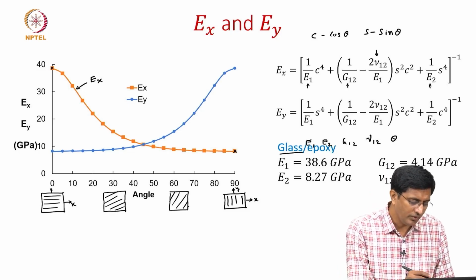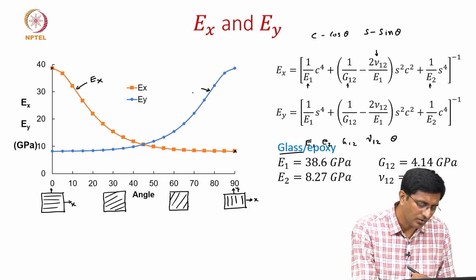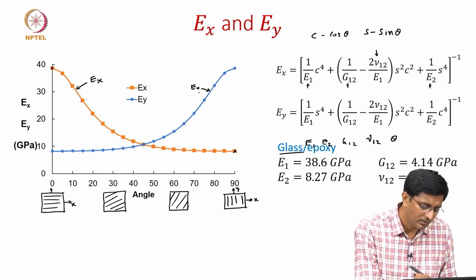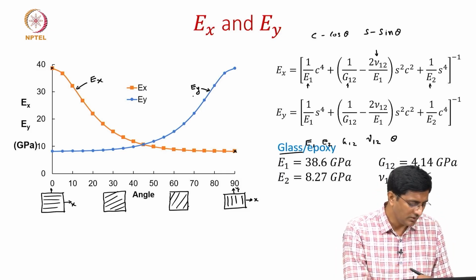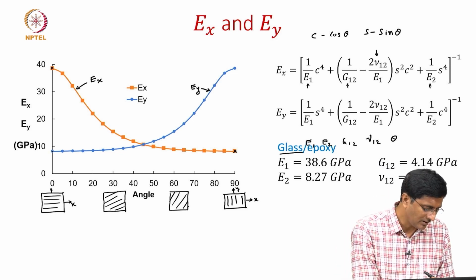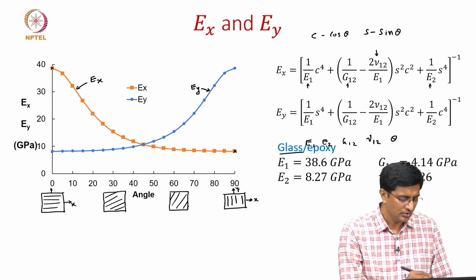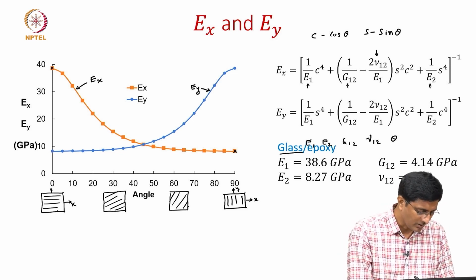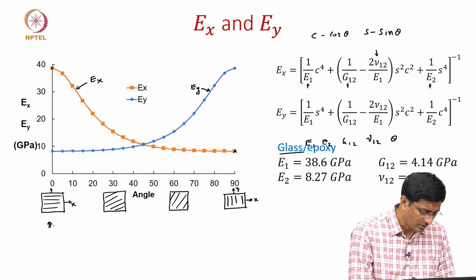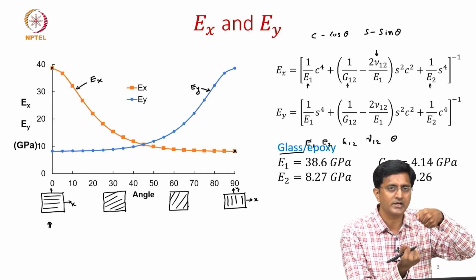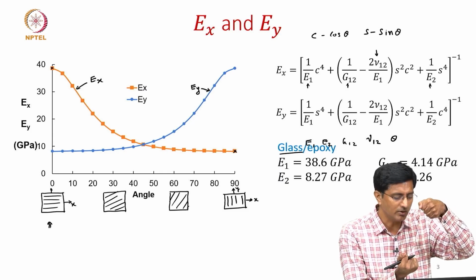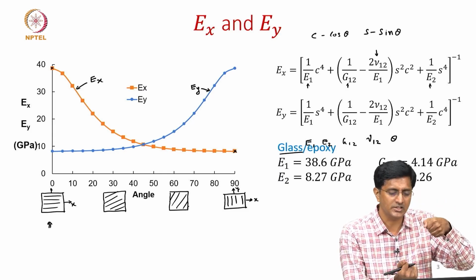Similarly, now if we pay our attention to the second curve Ey, where we are looking at stiffness in the direction y, we see it has the least at the angle 0. Meaning, if we are applying the loads in the y direction, perpendicular to the fibers, we see the stiffness is the least.